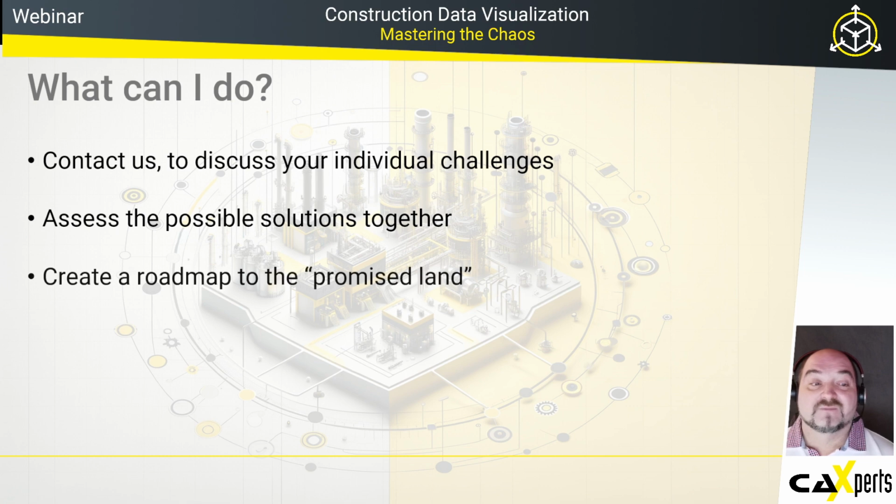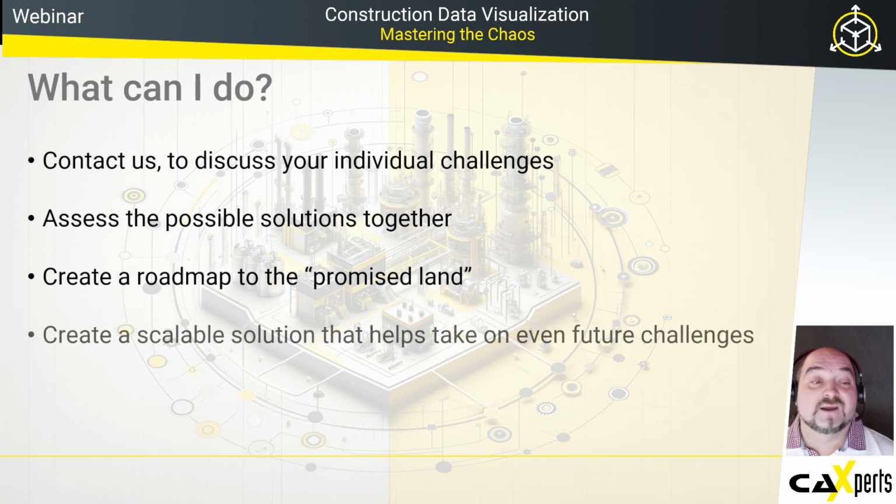And eventually, let's create a roadmap to the promised land. This means let's see which milestones we have to take to get you there. And finally, create a scalable solution that helps you take on your current, but even future challenges, maybe some you don't even know of.